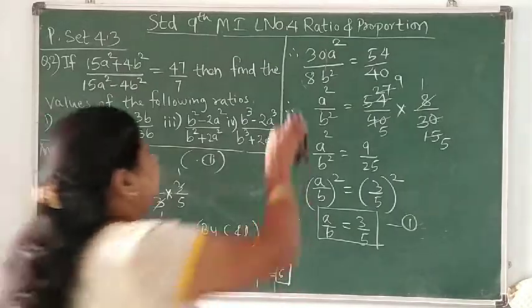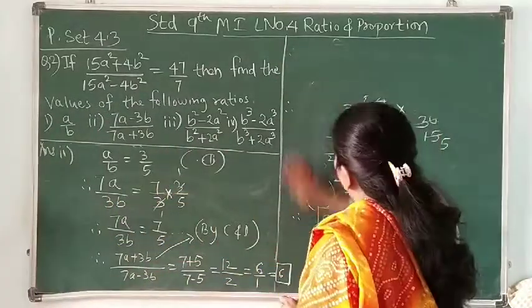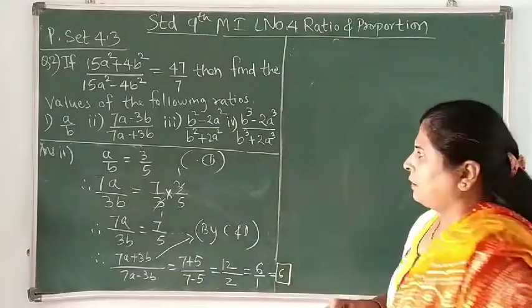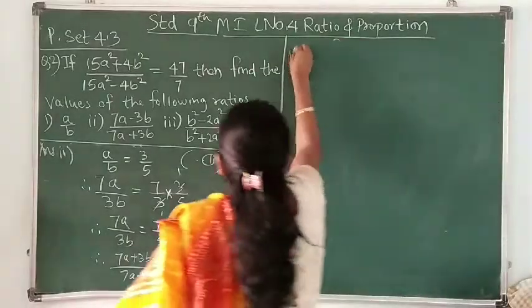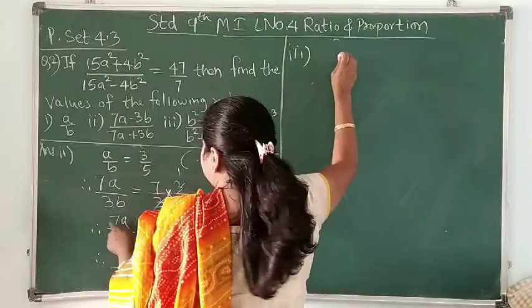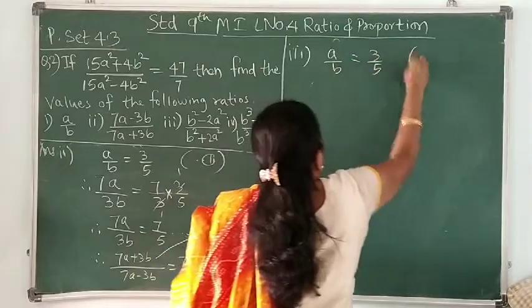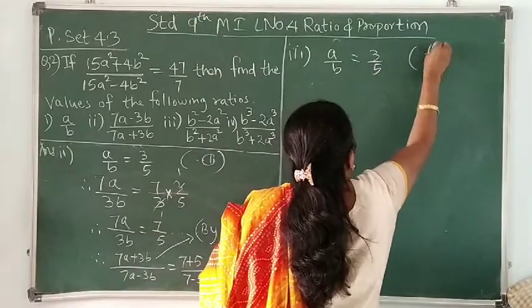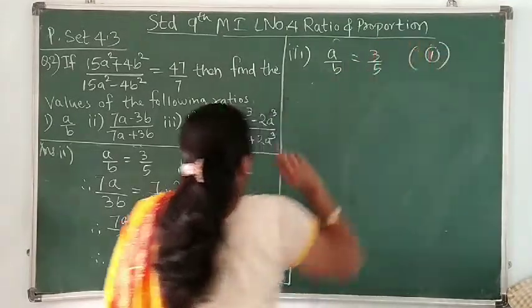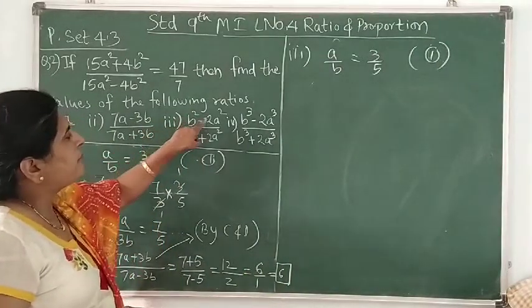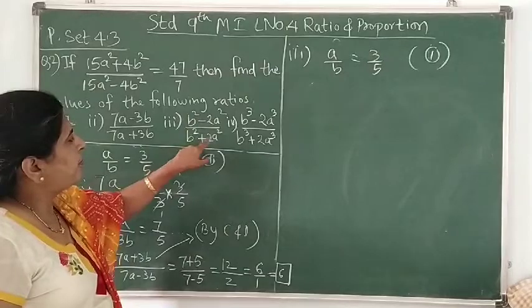Okay. Now let's go for the third ratio. For the third, again we have to start with the first statement that a upon b is equal to 3 upon 5. This is from one statement. Okay. Now what do we want? Here we want b square minus 2a square and b square plus 2a square.